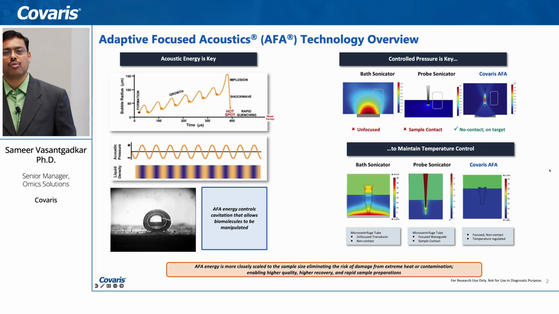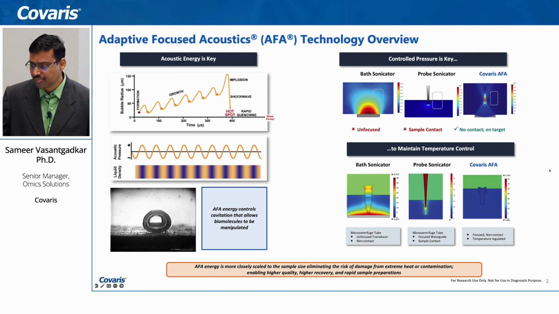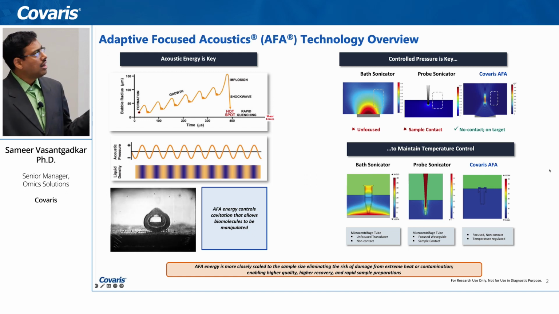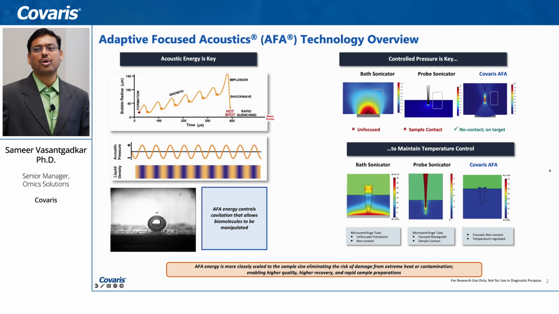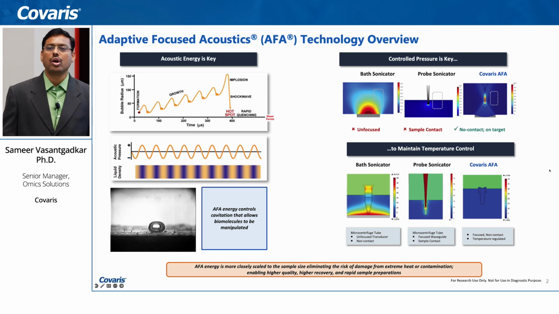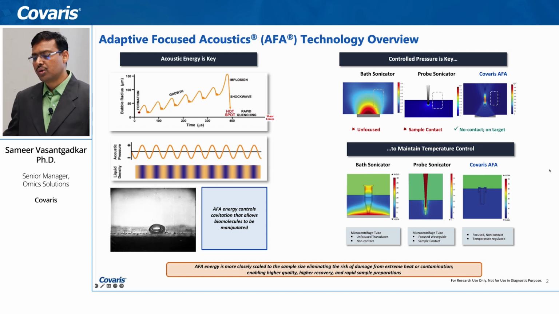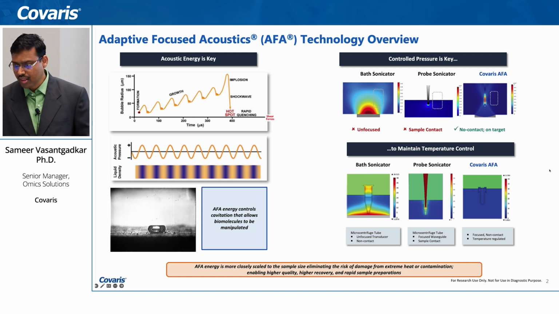This is often one of the big bottlenecks and needs a lot of optimization effort. What Adaptive Focus Acoustics technology facilitates is very efficient processing of your biomolecules in a thermally controlled, non-contact environment that ensures a robust and repeatable process.